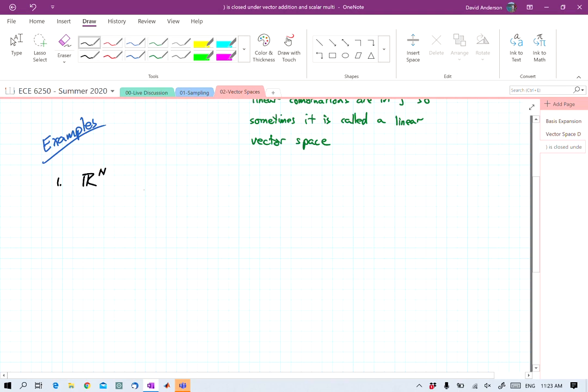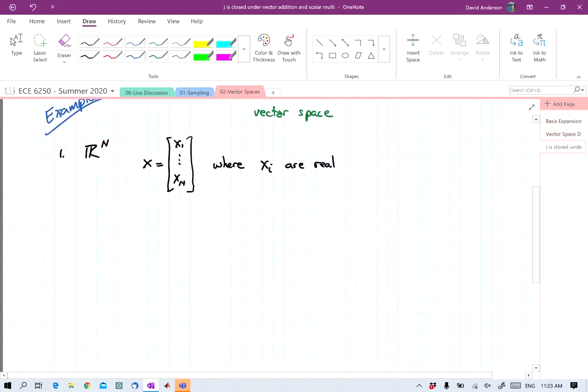That's where we would have x is equal to some vector x1 through xn, where xi are real. So these are the vectors that you've used before in physics and your linear algebra, matrix algebra class, whatever you've taken.